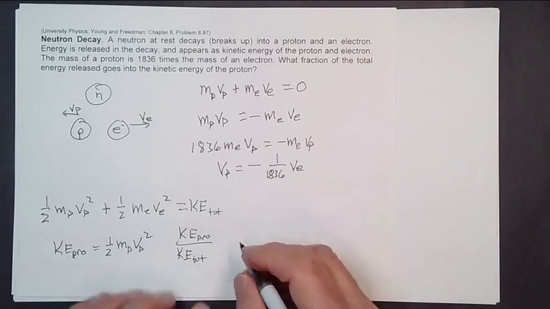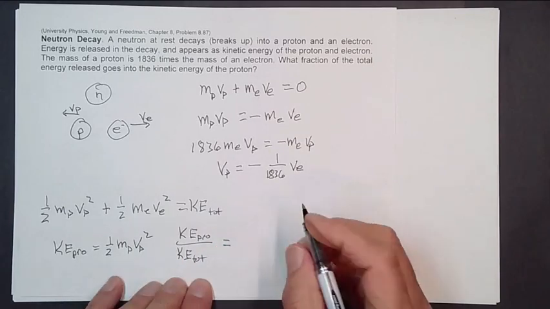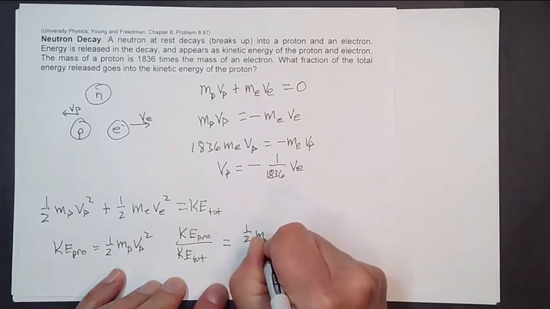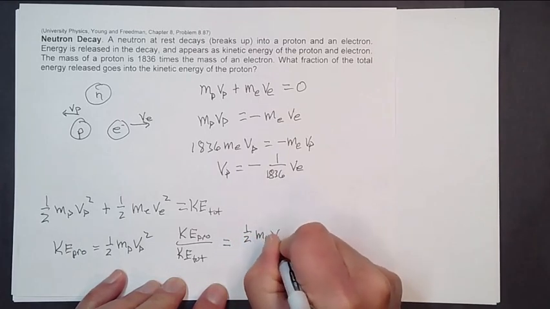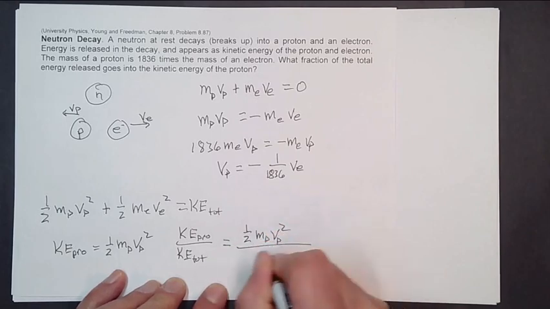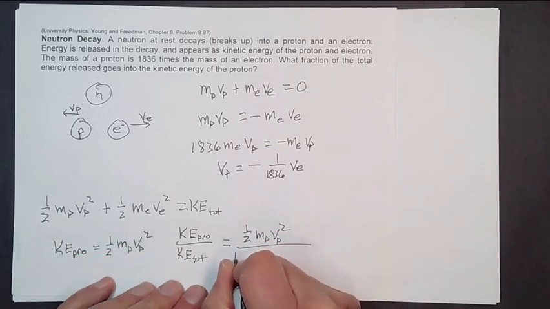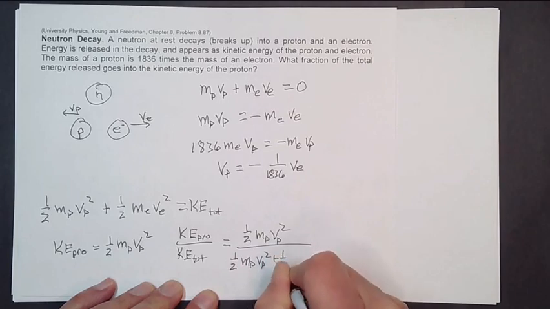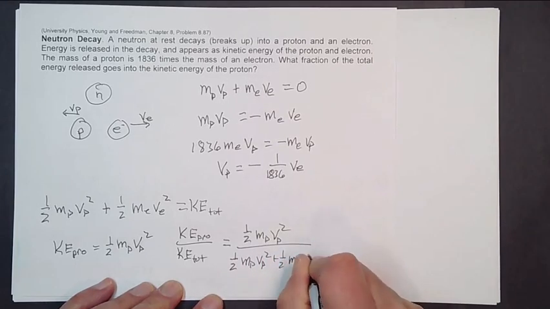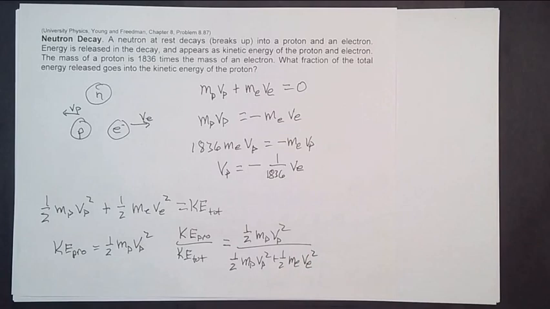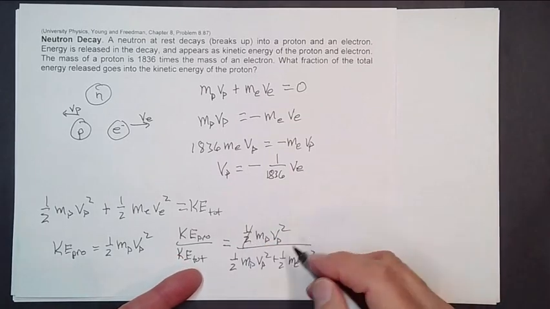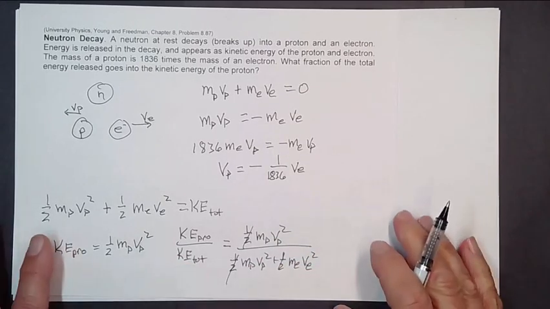Well, we've got expressions here, and we can simplify these. So we'll have 1/2 the mass of the proton, velocity of the proton squared, over that total stuff there. Okay, I've got a 1/2 in every term, so I can knock those out.